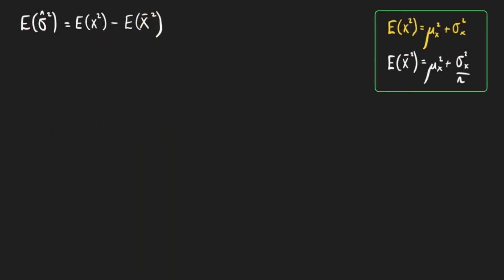Now, from this point, we can use the identities that we constructed earlier. We know that the expectation of x squared is equal to mu x squared plus sigma squared x. We know that the expectation of x bar squared is equal to mu x squared plus sigma squared x over n.